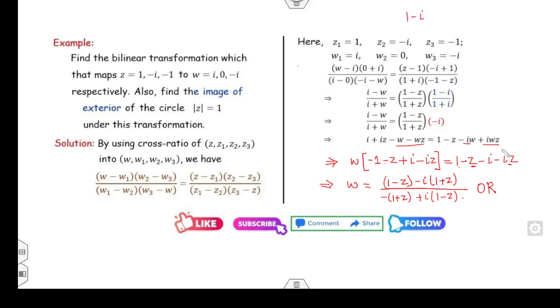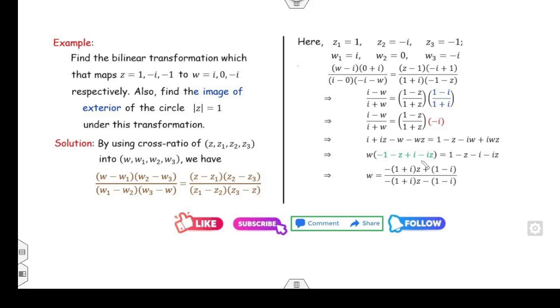I can take z as common. Minus z common, 1 plus iota, divided by, again in this case, minus 1 minus iota, taking the pair minus 1 iota. I can take z, minus z is common, then it is 1 plus iota. Choice on your side.